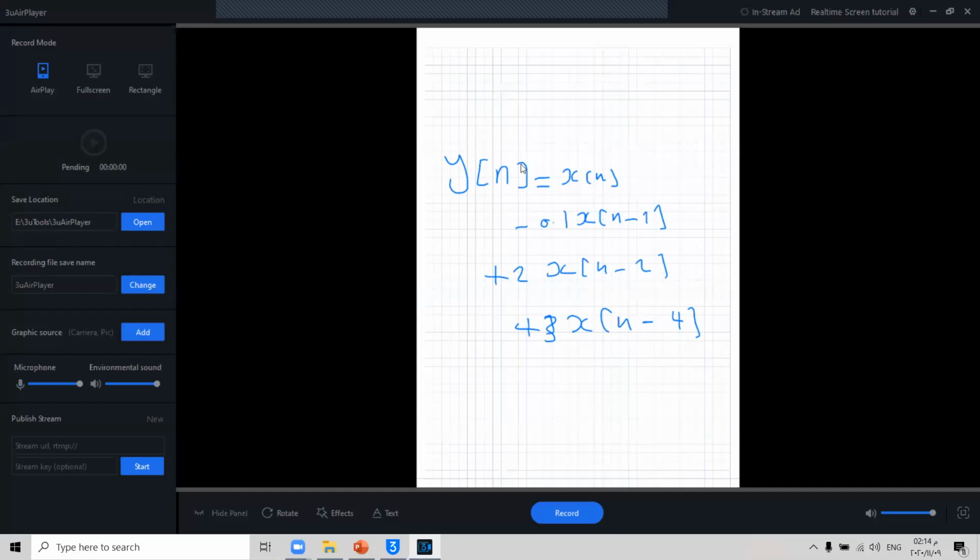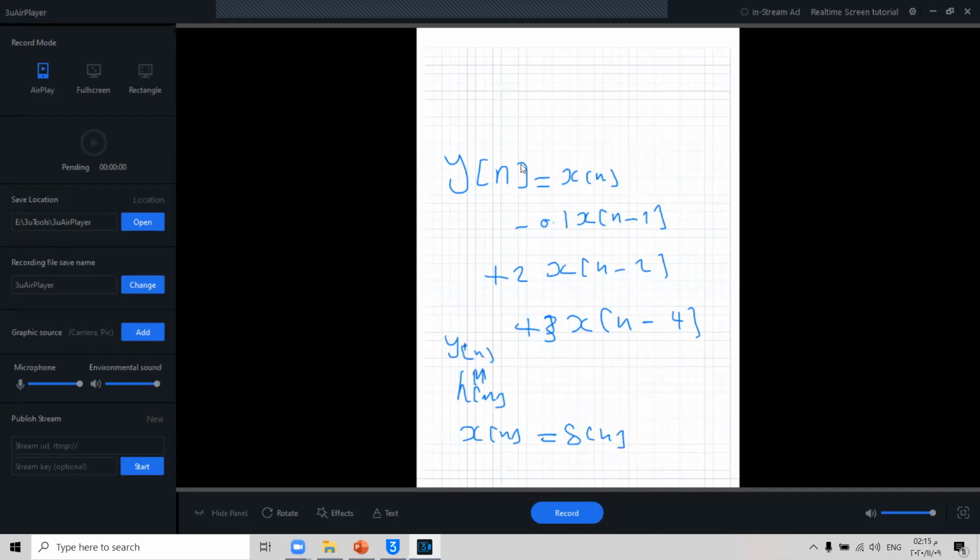Now, if we are going to determine the impulse response, I mean h of n, what we are going to do, we are going to substitute each x by delta of n. I mean x of n equals delta of n. When x of n equals delta of n, at that time y of n becomes h of n exactly.